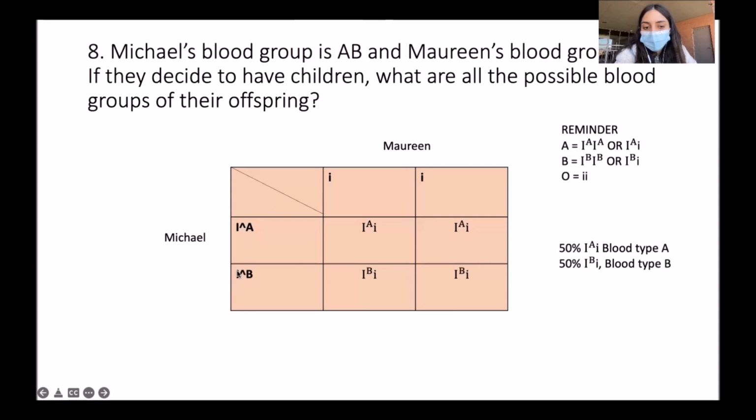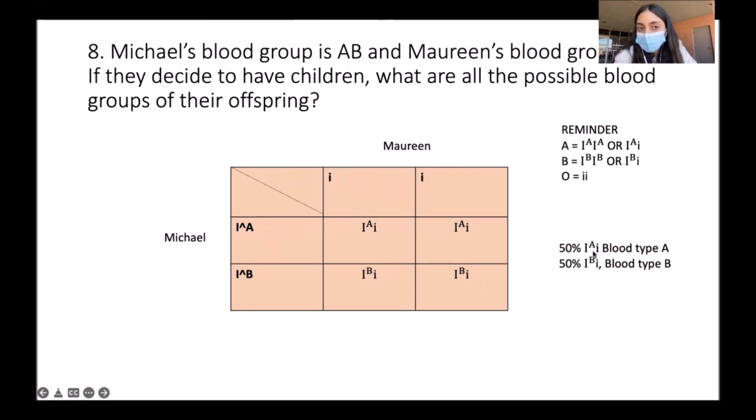So we're going to cross these and we're going to get A-I, and put it here, B-I, and put it here, A-I here, and B-I here. So what we're going to have is 50% AI, and that's our genotype.